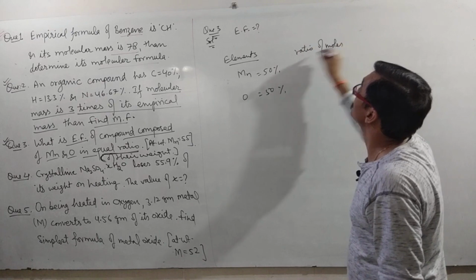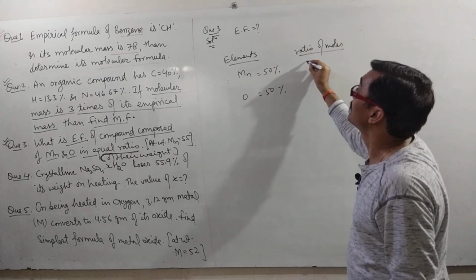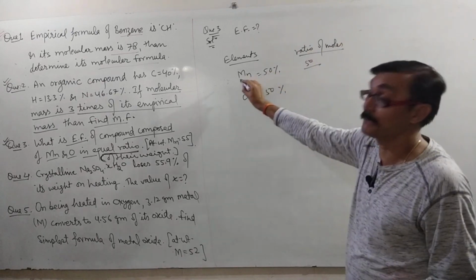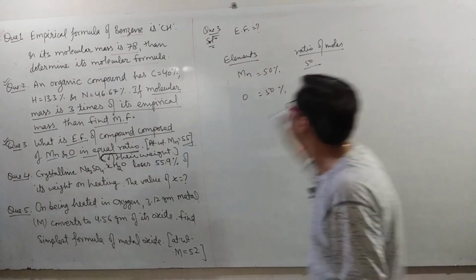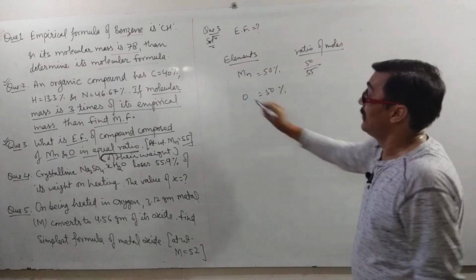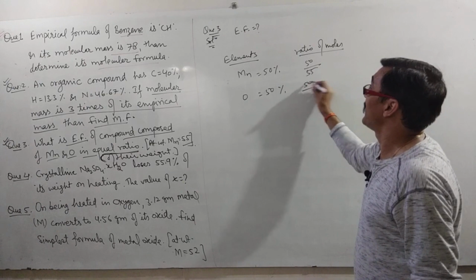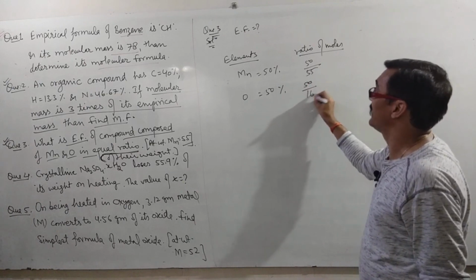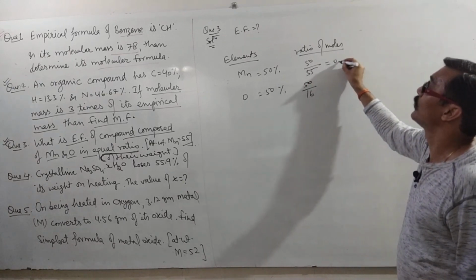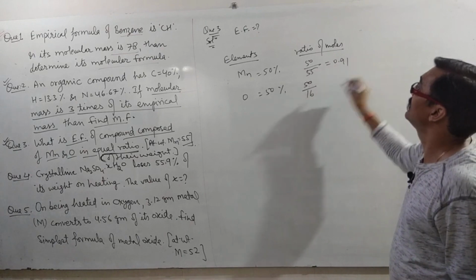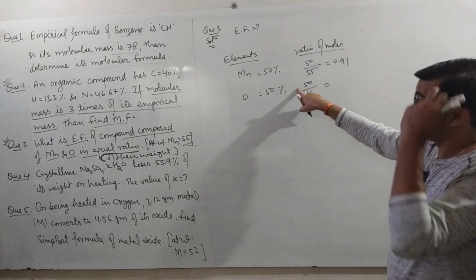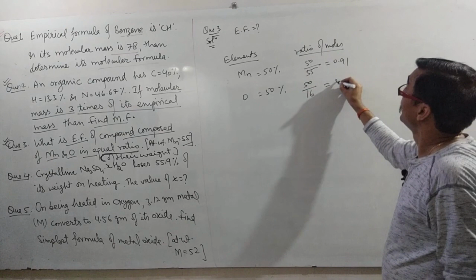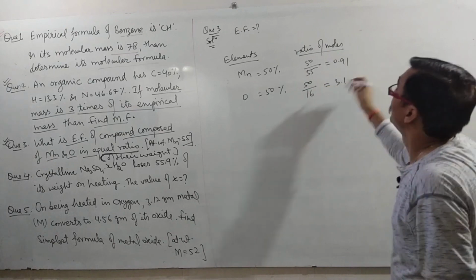Now the ratio of moles: mass of manganese divided by atomic mass of manganese, 55, and mass of oxygen divided by atomic mass of oxygen, 16, which we all know very well. That gives about 0.91 and 3.12.